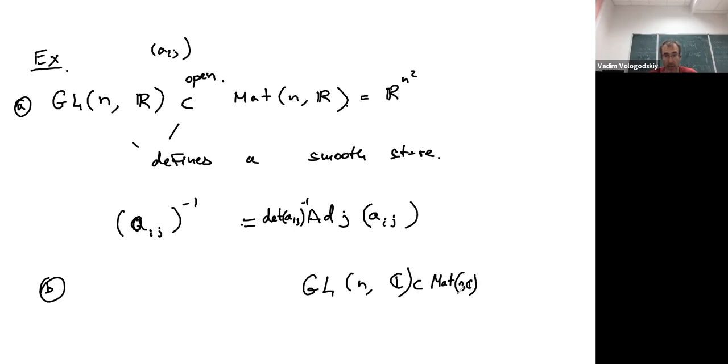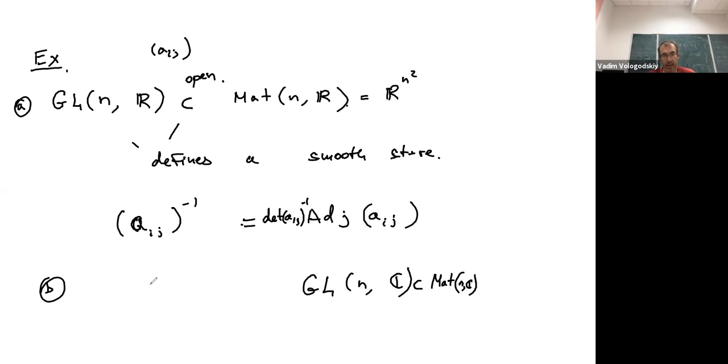But a complex vector space is also a real vector space whose dimension is twice n squared. So it also has a smooth structure, and this is an open subset, so it acquires a smooth structure. It acquires even more: it's a complex analytic manifold, but in particular, it's real. So this is another example of a Lie group.